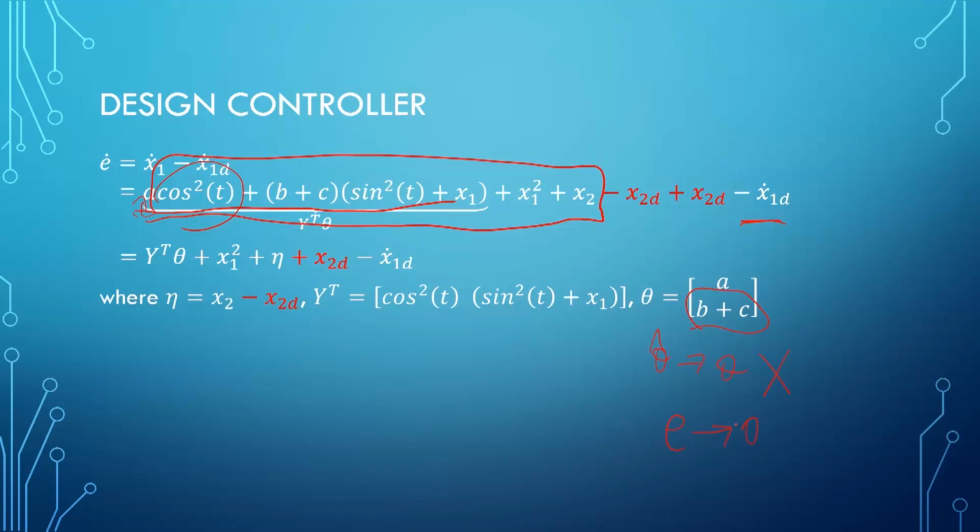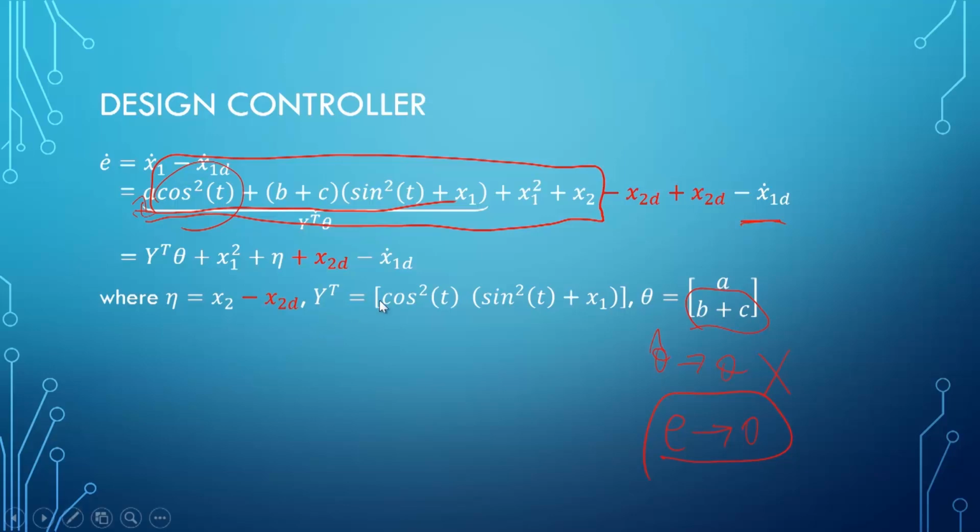If you check your simulation, theta hat might not always converge to theta, but E does. So putting B plus C here is fine. We don't care much about the parameters.